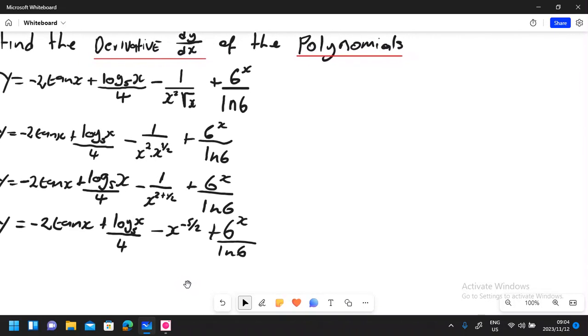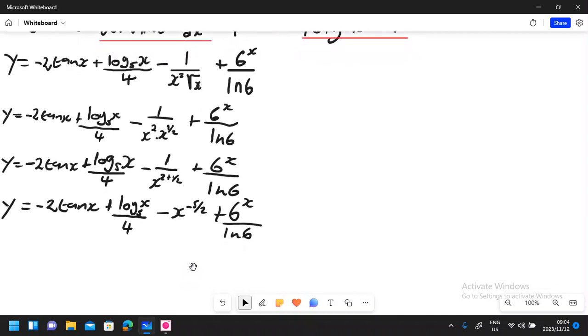Let me open space on the page here. We are able to differentiate this. Now let's start with the first term. We know that the first term is our trigonometric function.